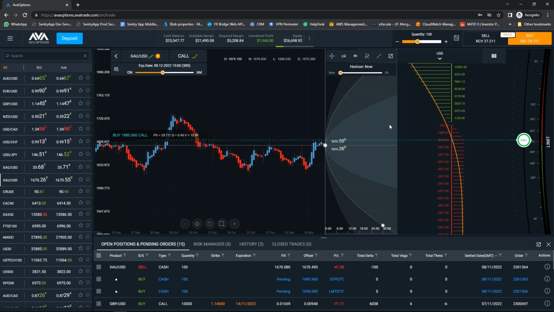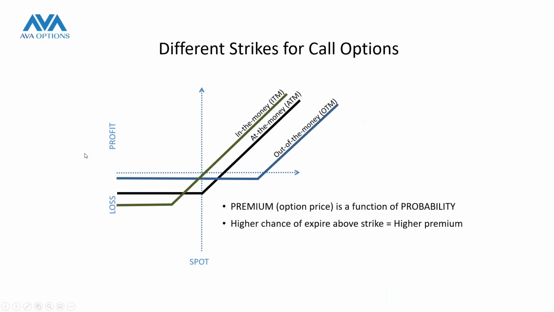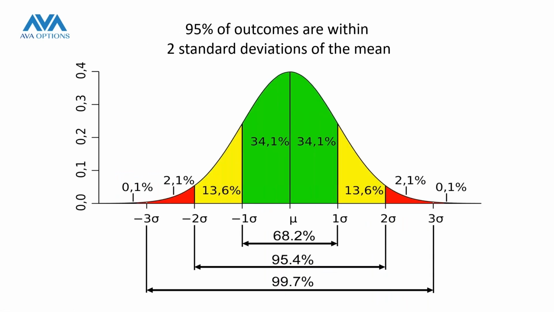Basically this gray zone in the center of this confidence range is plus and minus 1 standard deviation. We can say that we are 67% confident. I think it's 67, it might be 65. Let's see, here we go. We are 68% confident that the market is going to be within plus and minus 1 standard deviation, and we're 95% confident that it's going to be within 2 standard deviations.